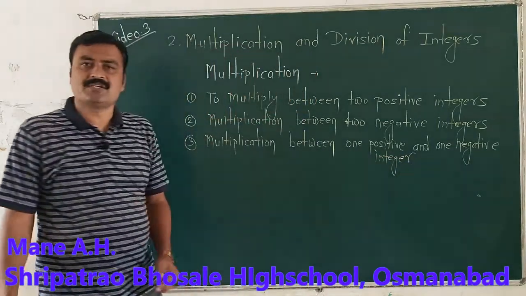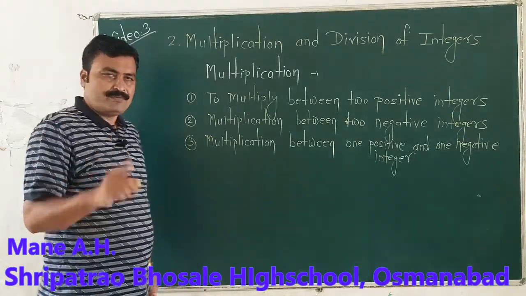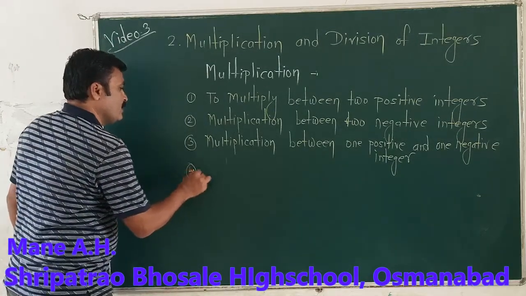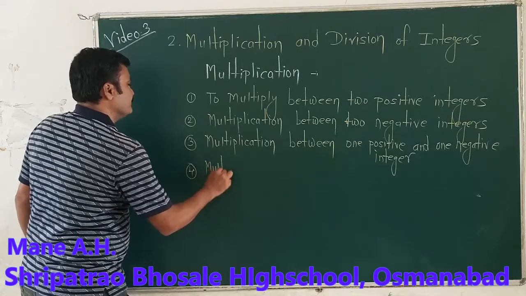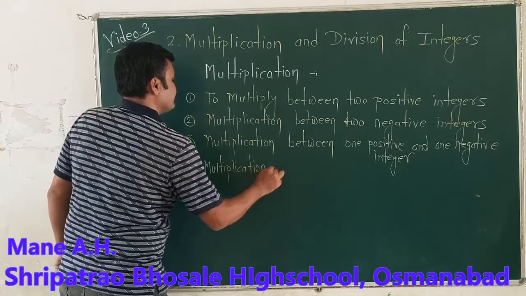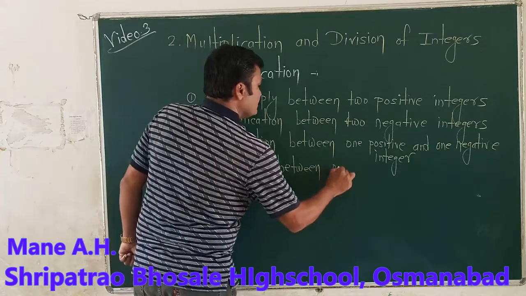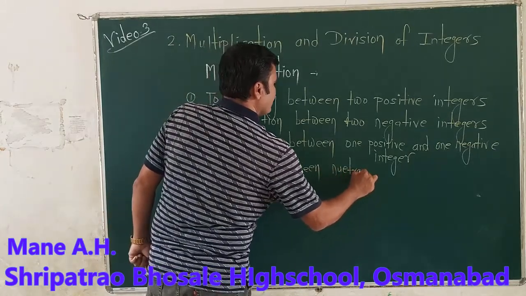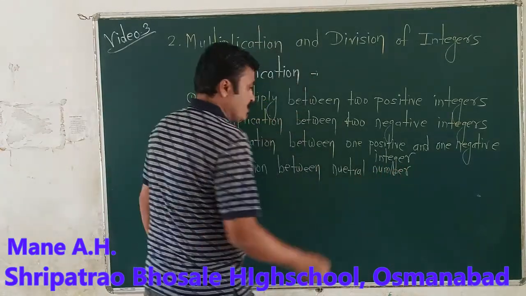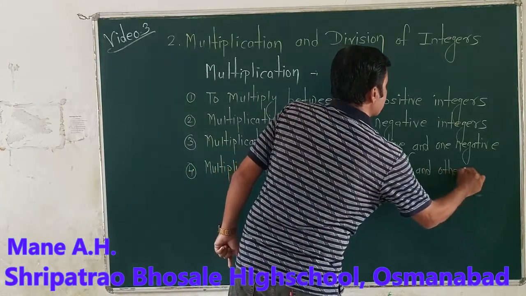These are the main three conditions for multiplication, but with respect to these three conditions, we are also making another, fourth condition. This condition is multiplication between the neutral number and other integers.